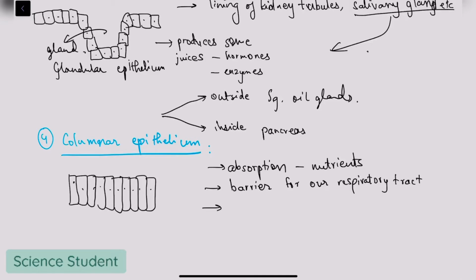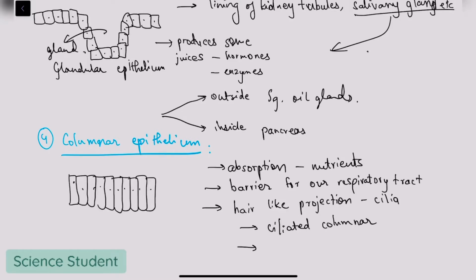Sometimes this columnar epithelium has some hair-like projections called cilia, and thus comes the name ciliated columnar epithelium.